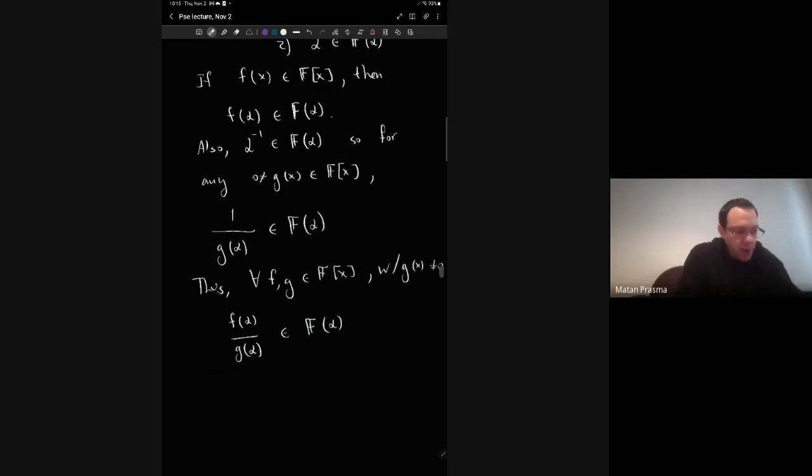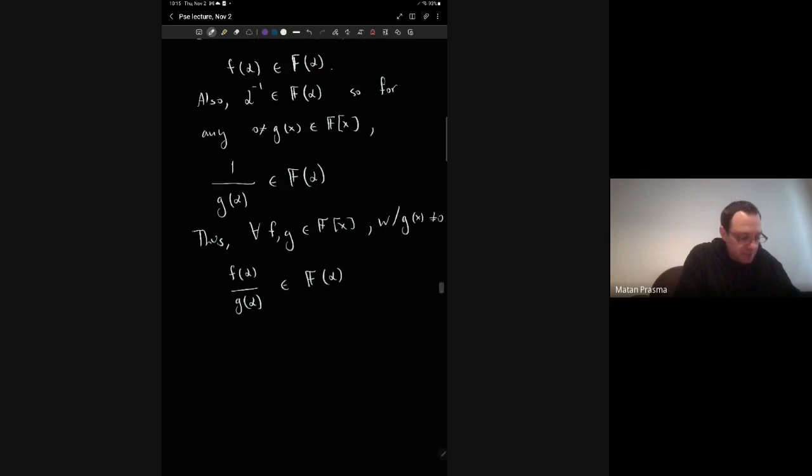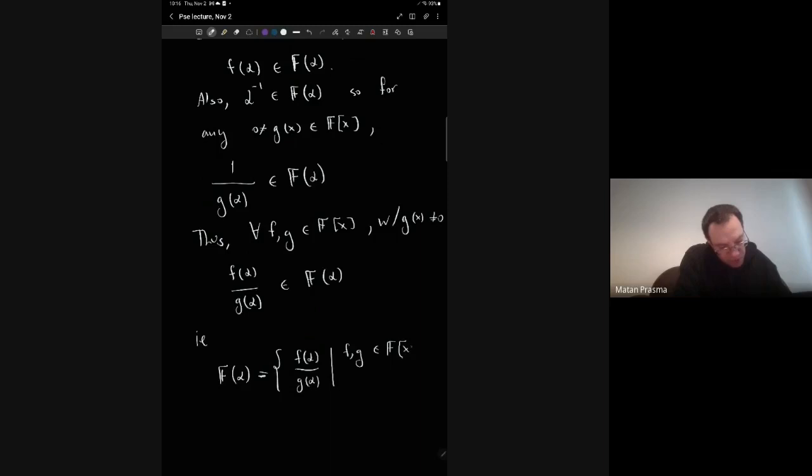Okay, so what is the minimal construction I can do for having a field containing F and containing alpha? I can take F of alpha to be simply the set of all quotients f of alpha over g of alpha, such that f and g are polynomials over the original field F, and g is non-zero.